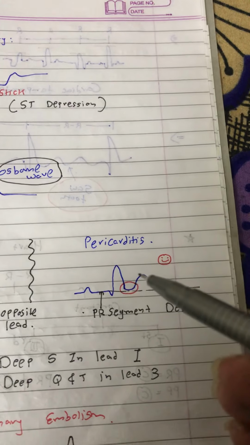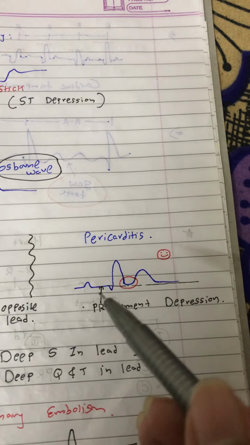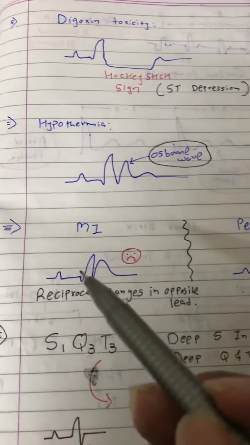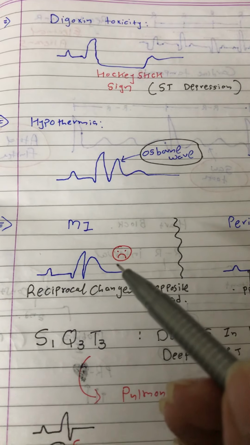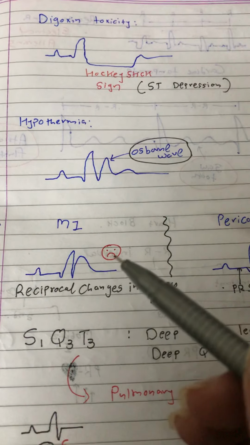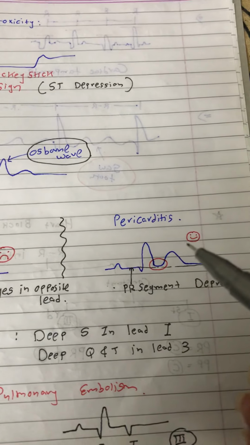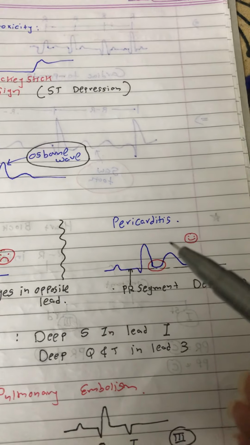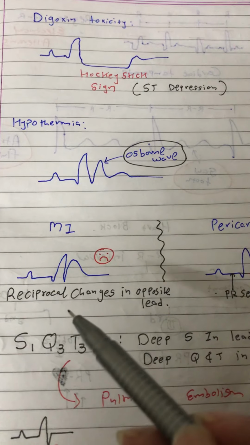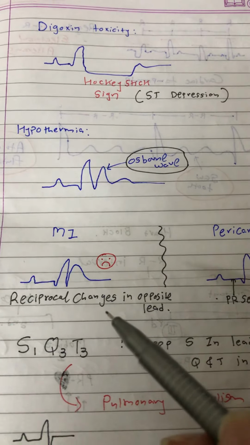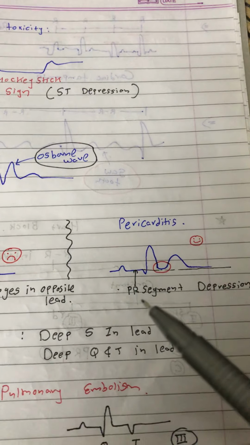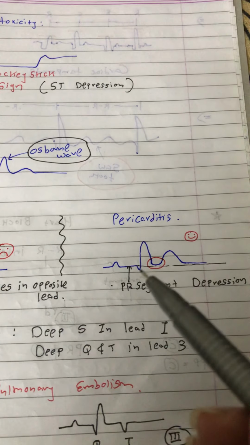Also, a PR segment depression is seen in pericarditis. Also in MI there are reciprocal changes like ST segment depression seen in the opposite leads, while in pericarditis there are no reciprocal changes, only PR segment depression is seen.